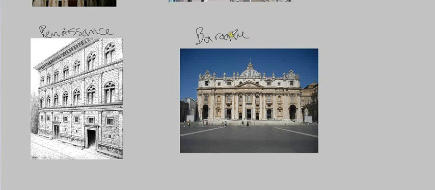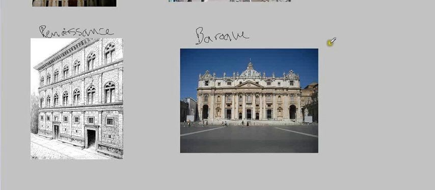And I want you to just take a minute and compare and contrast these, and use what you find about this comparison to help you get a handle on what is new about the Baroque and what some of the similarities are to the Renaissance, but maybe how some of these changes from the Renaissance to the Baroque might reflect what's going on in the culture.